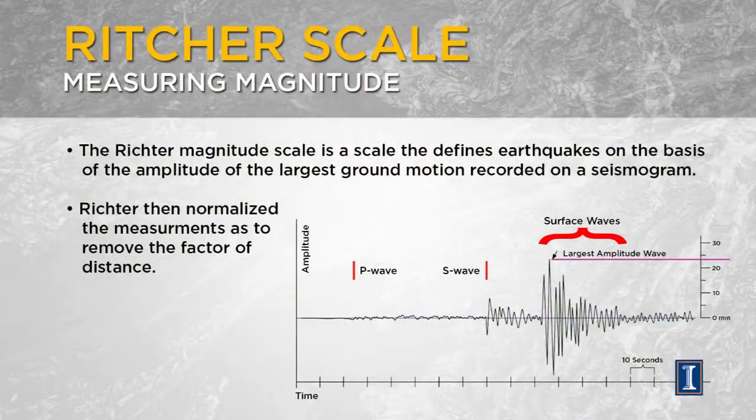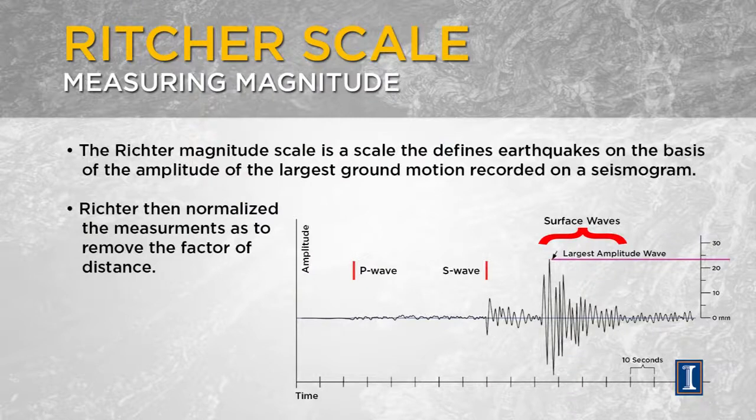One of the first people to think through this problem and come up with a solution was Charles Richter. And the way he came up with solving this problem resulted in what's now known as the Richter scale. It was one of the earliest scales used to measure the size of an earthquake objectively. Basically, Richter's solution is very simple.